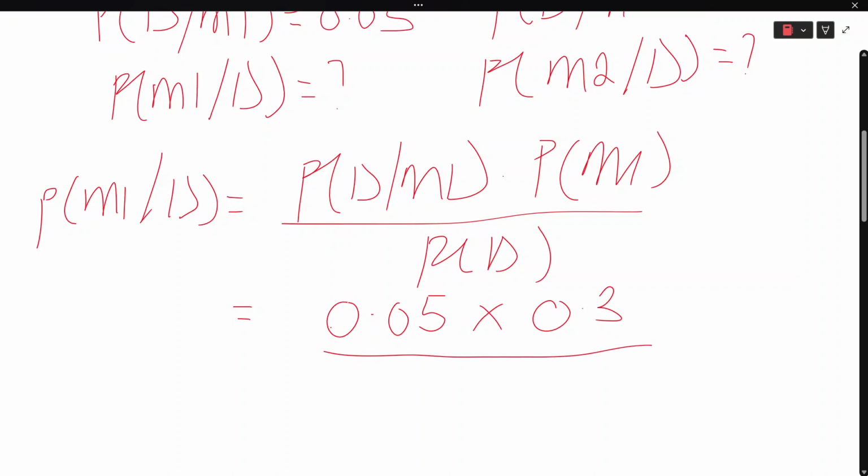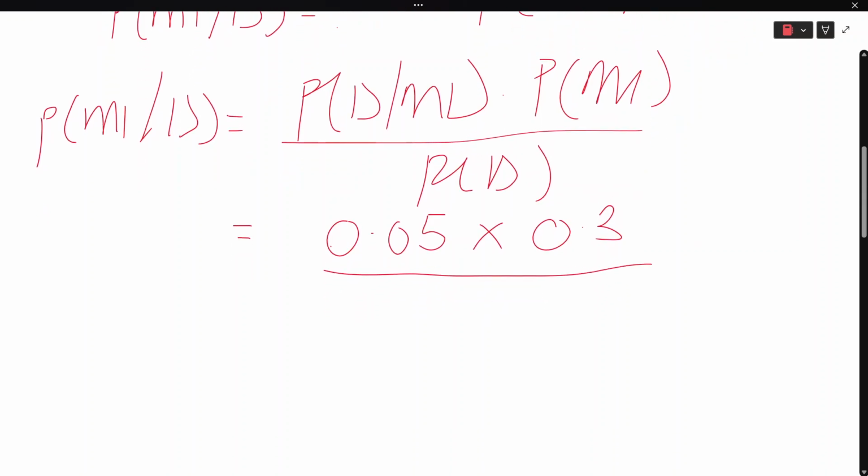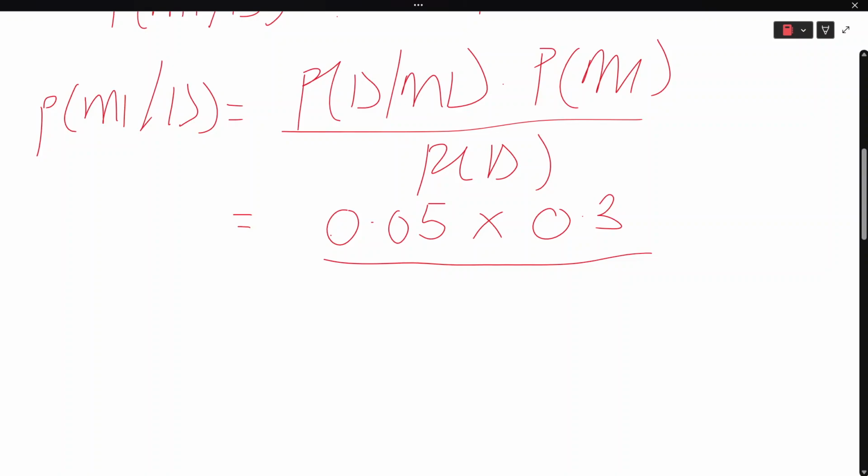divided by, now we want to find the total number of defective items. So now we have two machines. We have to find the total number of defective items coming from machine 1 and that of defective items coming from machine 2. That gives us the total probability. How do you do that? Basically, 0.05 times 0.3. That's the trick. The one we are finding is at the numerator. Now, if you want to find the total, we bring the numerator down. That's for machine 1.